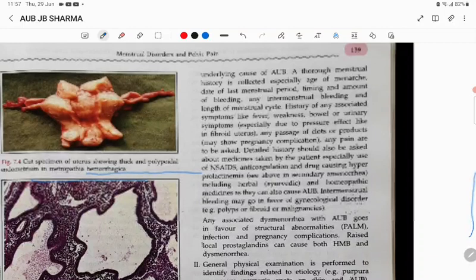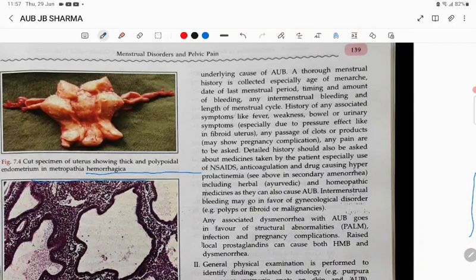To identify the underlying cause of AUB, a thorough menstrual history is collected. First thing, age of menarche. Second thing is date of last menstrual period, timing and amount of bleeding, whether intermenstrual bleeding is there or not, length of menstrual cycles, and history of any associated symptoms like fever, weakness.